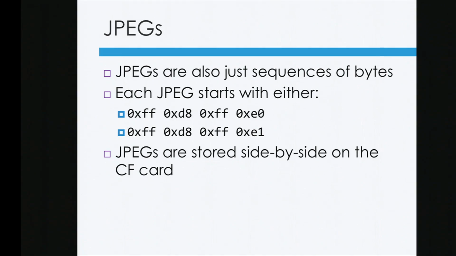Essentially, every JPEG file starts with 2 possible sequences. So basically, whenever you have a new JPEG file, it starts with either the sequence FFD8 FFE0 or the other one, FFD8 FFE1.